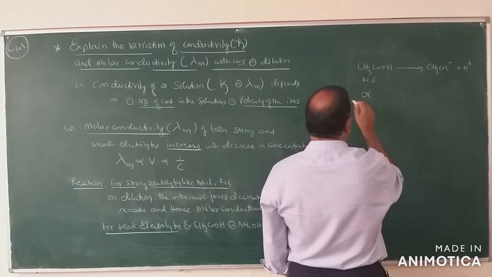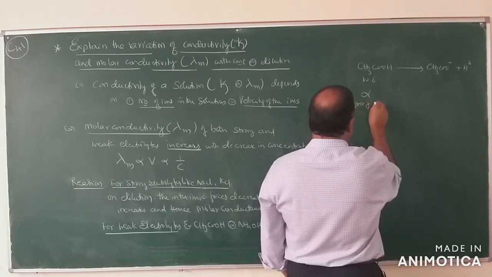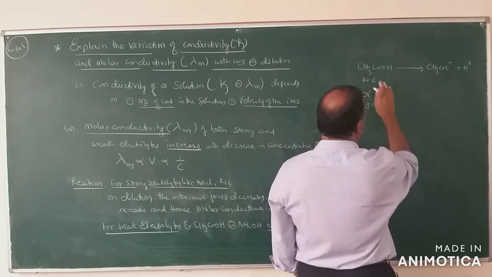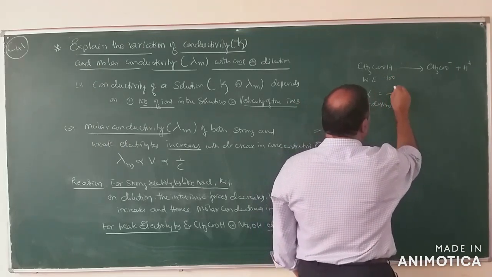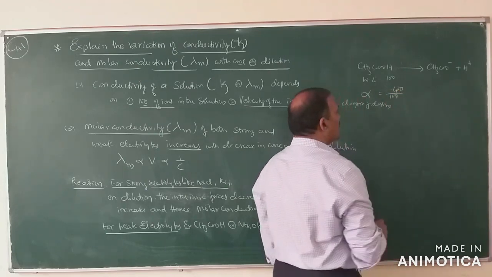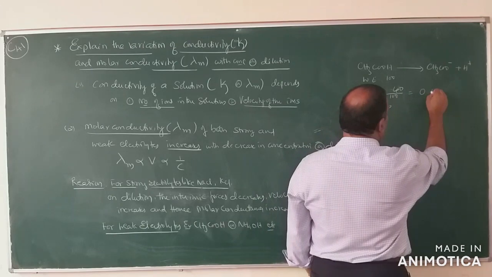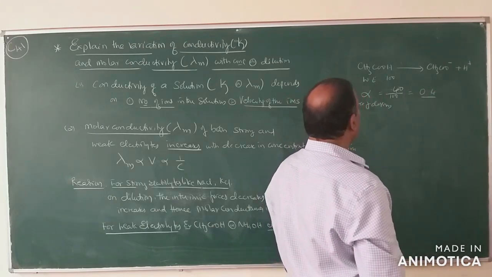Here alpha is called the degree of dissociation. Say, out of 100 molecules, if 40 molecules undergo dissociation, then alpha is equal to 40 divided by 100, which is 0.4.